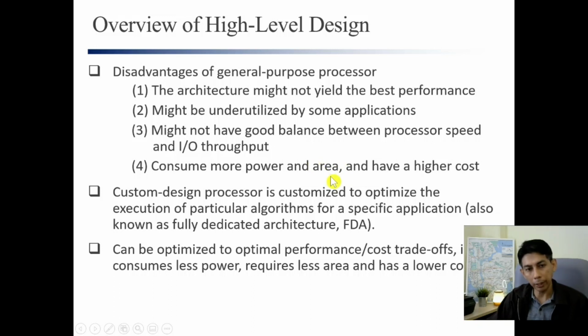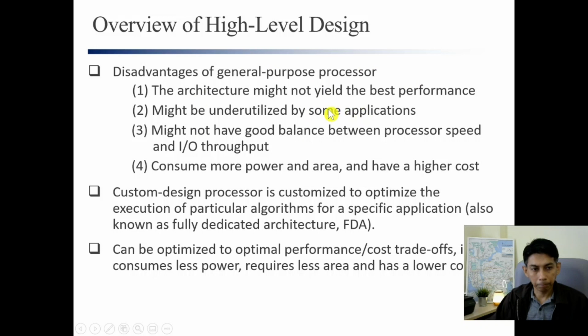So for a very specific purpose, although we do not use those features, they still consume power. All right, and of course, you pay the higher cost for a small application only. So it's better if you design your own circuit or own system to do that specific purpose rather than using the general purpose processor.